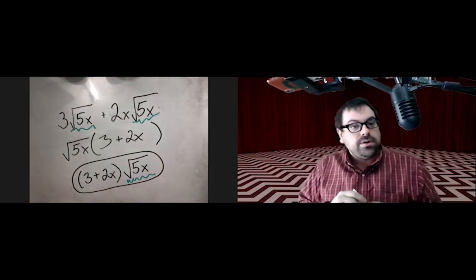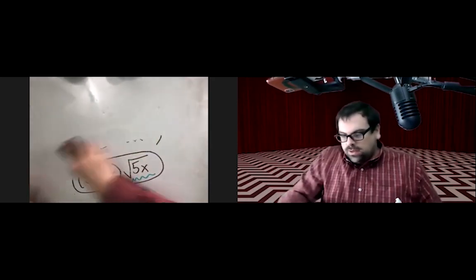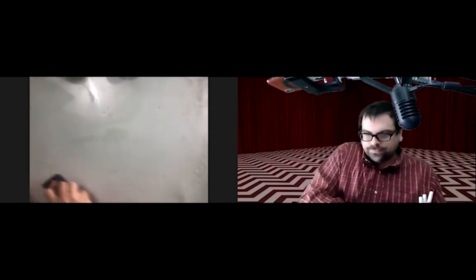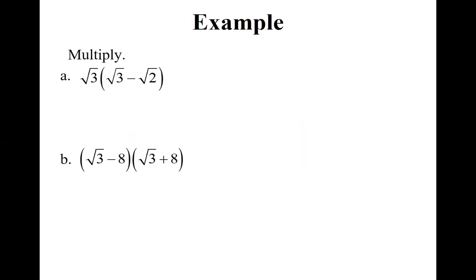We have to make them like radicals. Objective 2 in this topic: multiply radical expressions. To multiply, to get rid of the parentheses, we must distribute, just like normal.